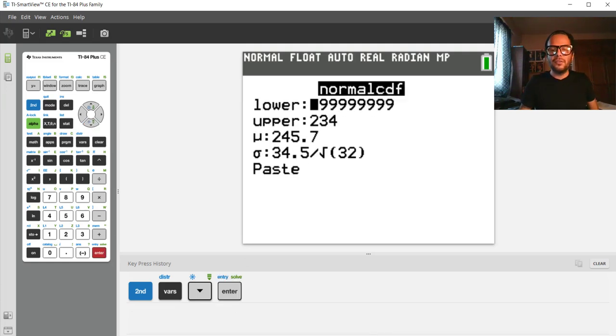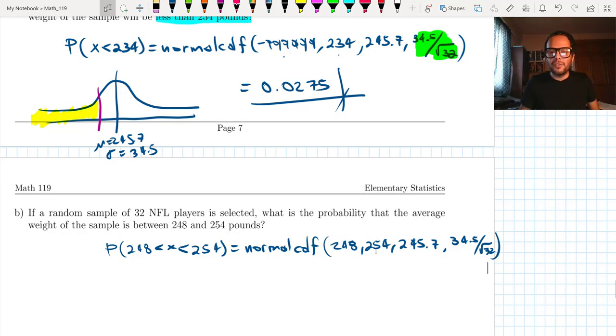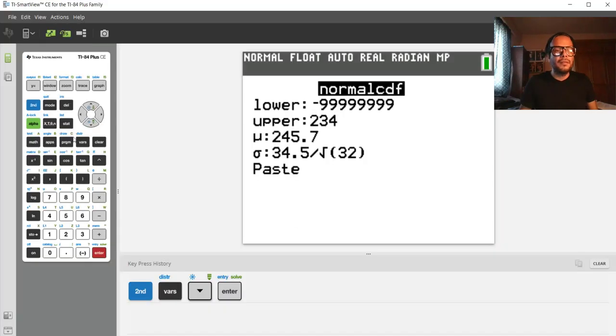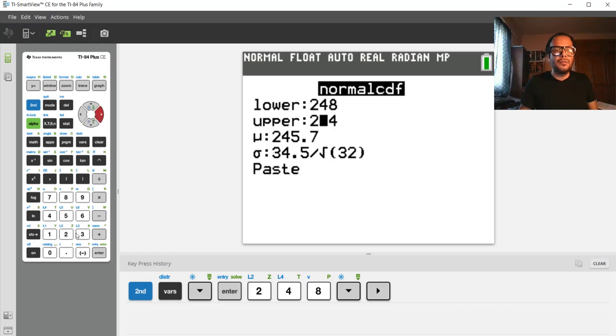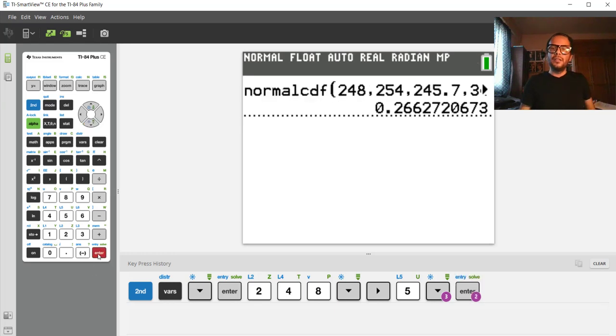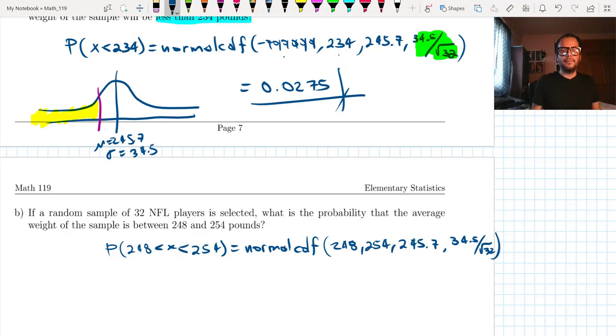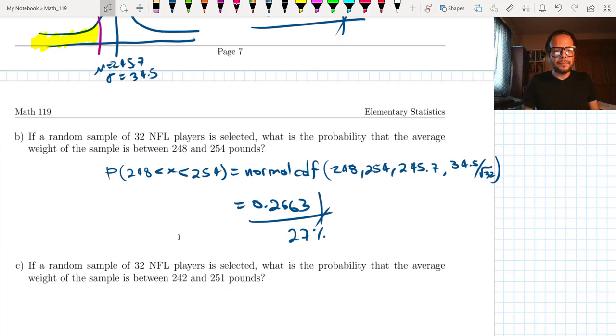Our job is just to change the first two, 248 to 254, and just scroll down all the way to paste. And 0.2663. 0.2663 is the probability, basically 27% if you will, rounding.